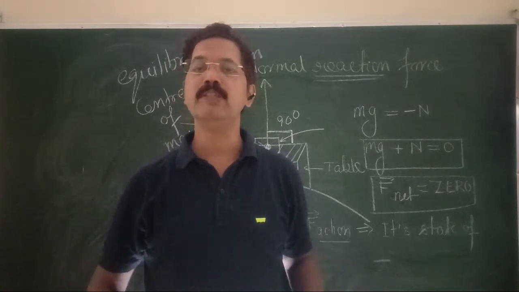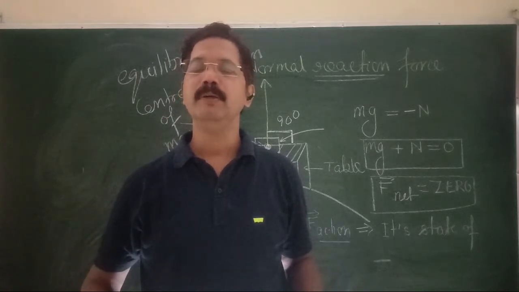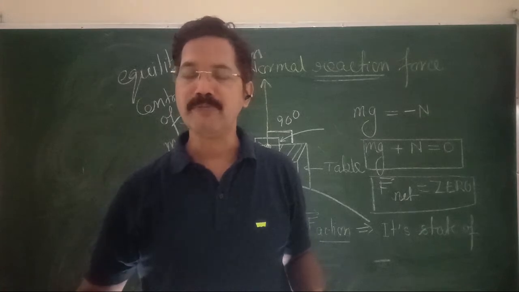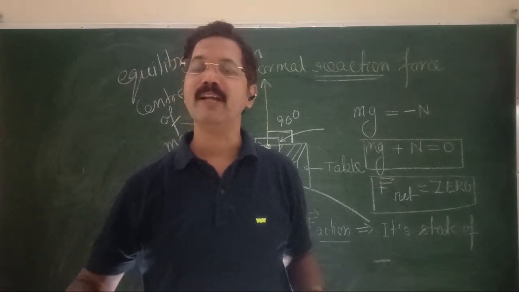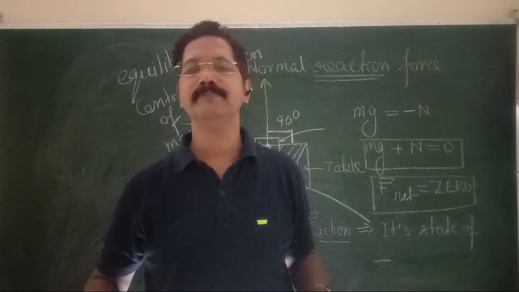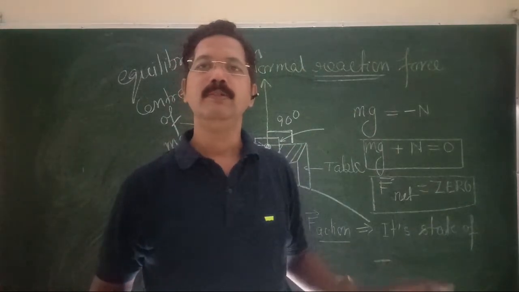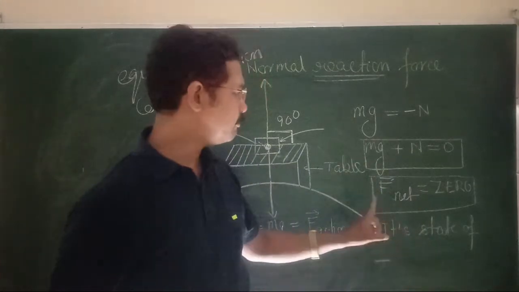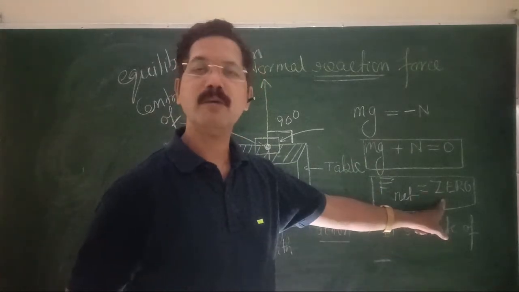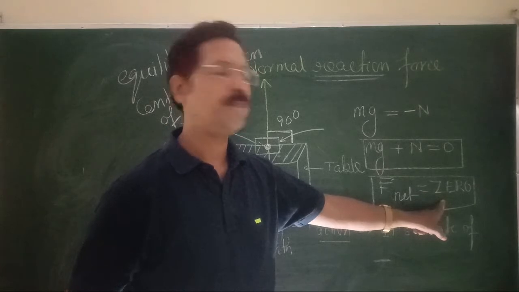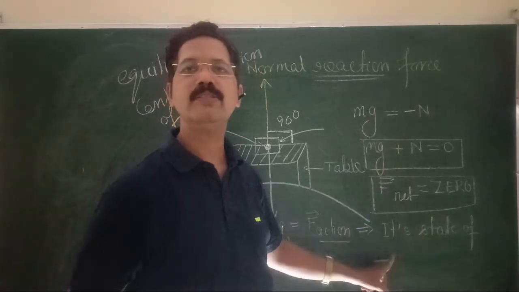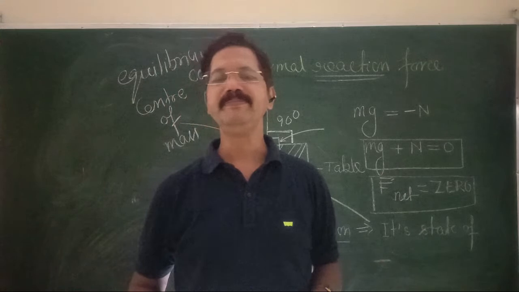Friction force is also acting between the surface of the classroom and my foot. So many forces are maintaining net force 0. The sum of all the forces is 0. This is the condition of equilibrium.